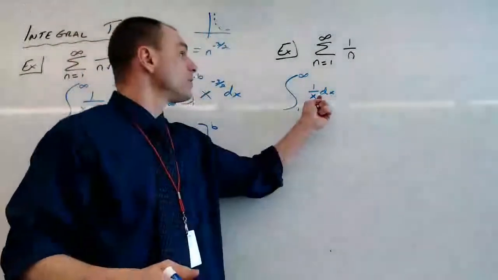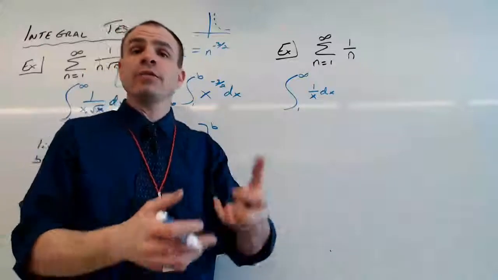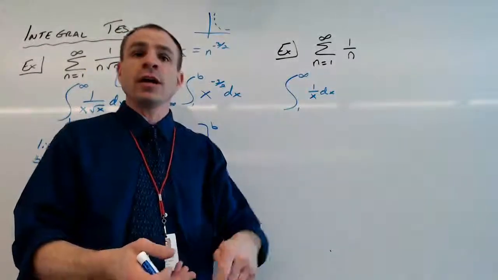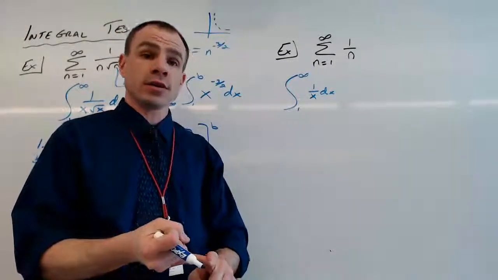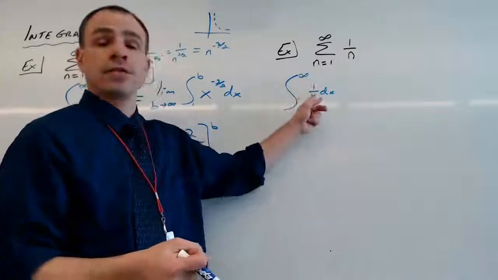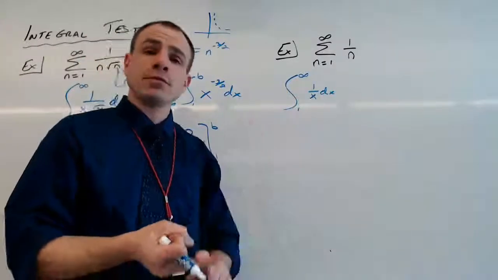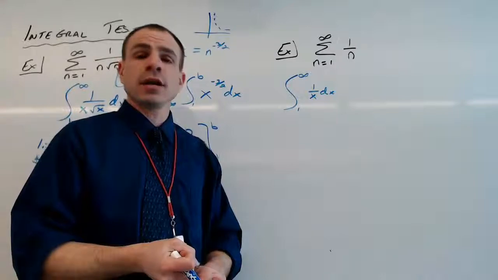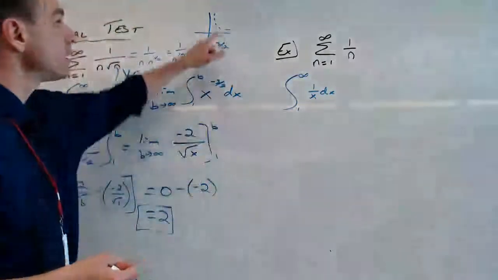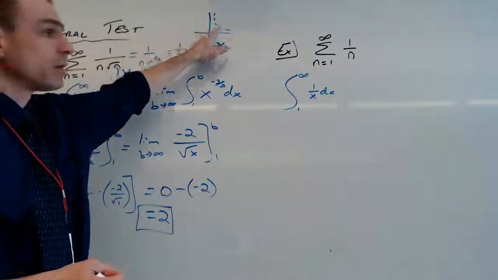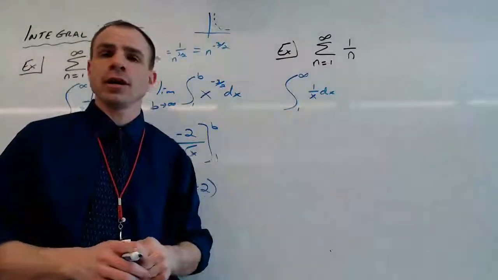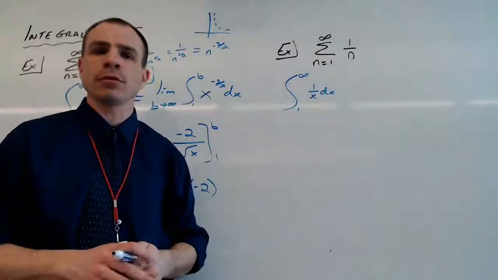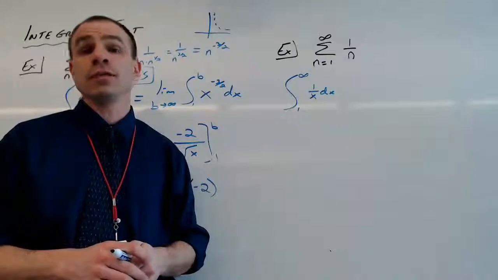And this integral we can go ahead and find, because again our conditions are that the function must be continuous on the interval, and from 1 to infinity the function is continuous. The function must be decreasing, and the function must be positive. And again, our curve is looking like that, so this falls in the category of acceptable to be able to use the integral test.